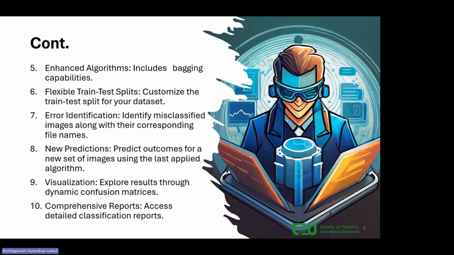Bagging means we are splitting the data set that we give for training and testing, again with the help of bagging. It will create various training and testing sets, find the best results, and make a voting classifier. So it will enhance the algorithms. That's why we added it here.